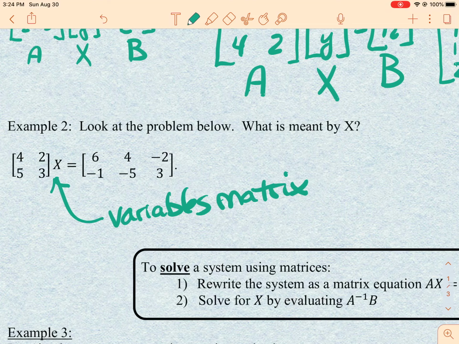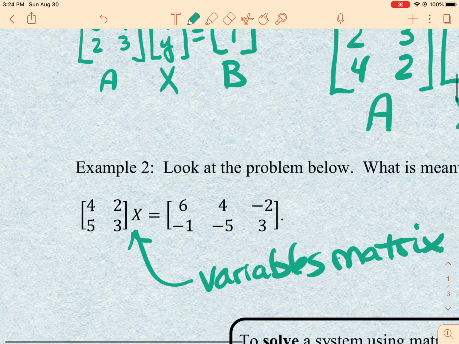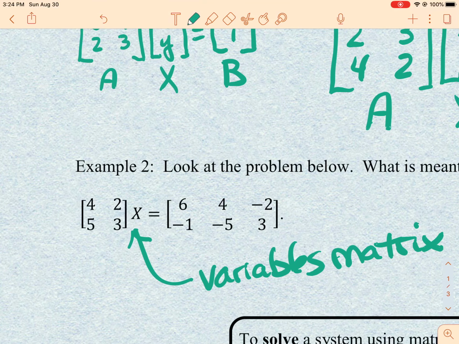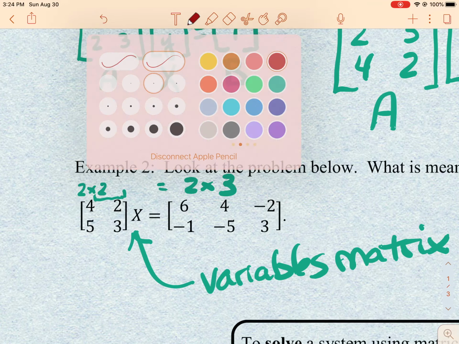Typically, that's going to be our X and Y, maybe our X, Y, Z. In this case, not sure what it would represent because we know in order to multiply a 2 by 2 and getting a 2 by 3, the middles would have to match up.